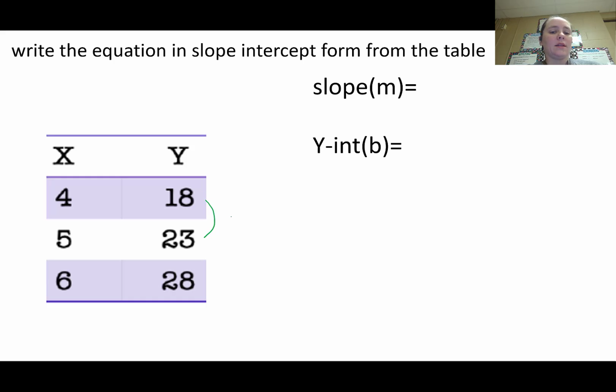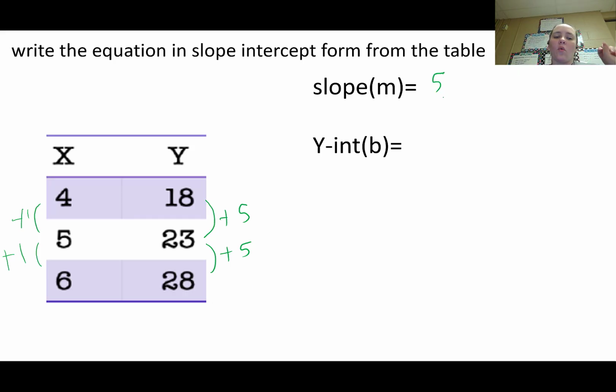The difference between 18 and 23, so 23 minus 18, is 5. Just double checking, the difference between 28 and 23 is 5 as well. And I am adding 1 over here. So my slope is 5.